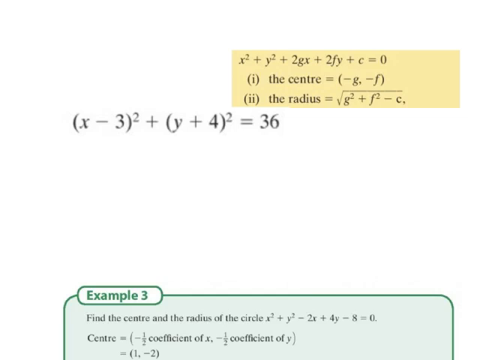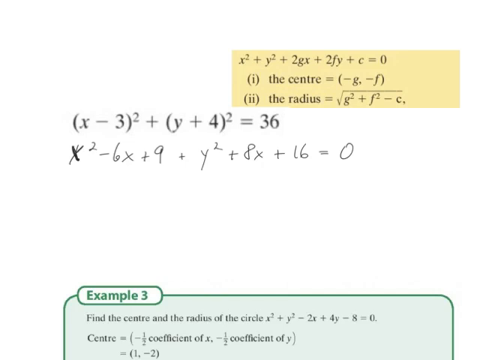So let's see, if we multiply out the brackets, x minus 3 squared multiplied out is x squared minus 6x plus 9. And we multiply out the next bracket, that would be y squared plus 8y plus 16 equals 0.